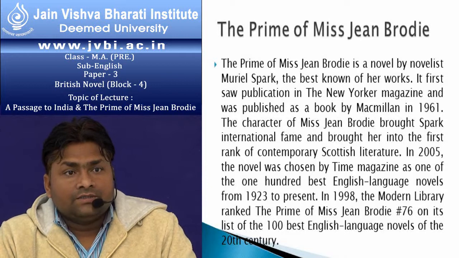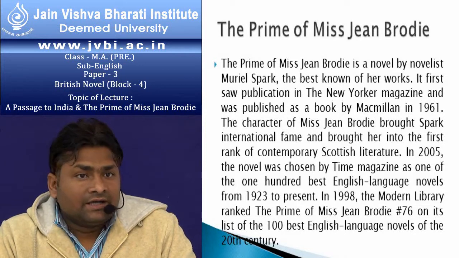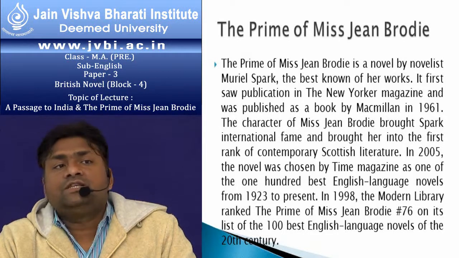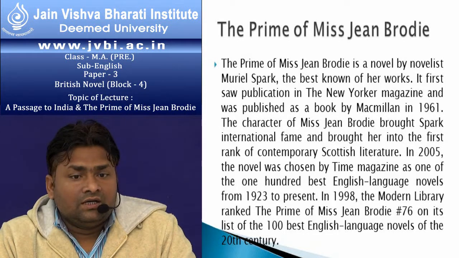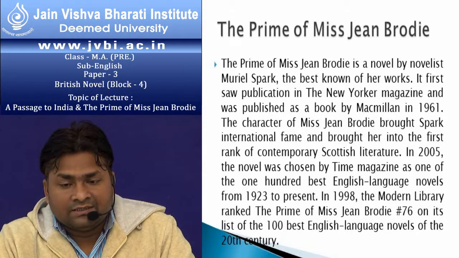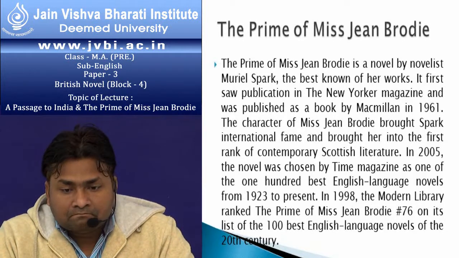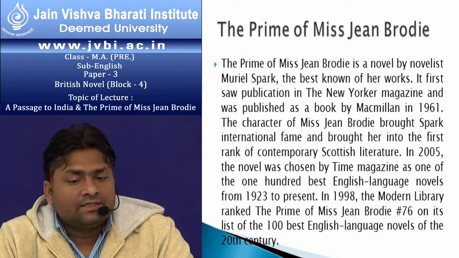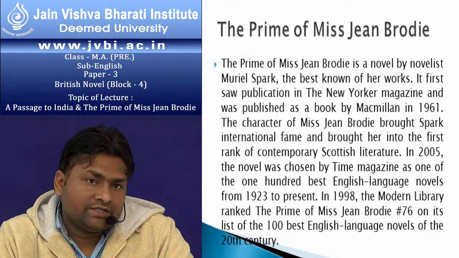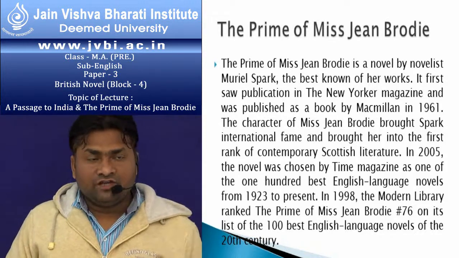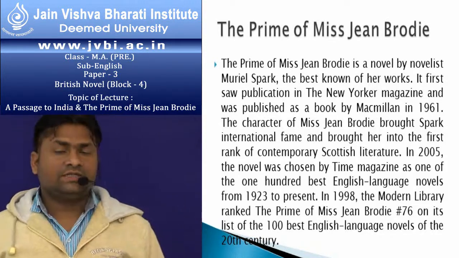Because of this character, Muriel became very famous, and she got international repute. And in the literature of Scotland, she became one of the important figures because of this single important character.